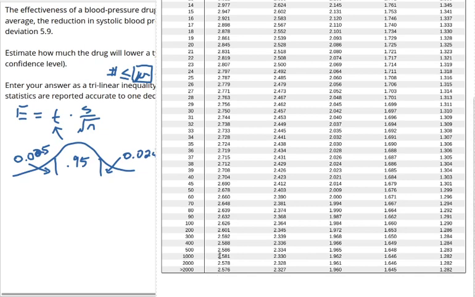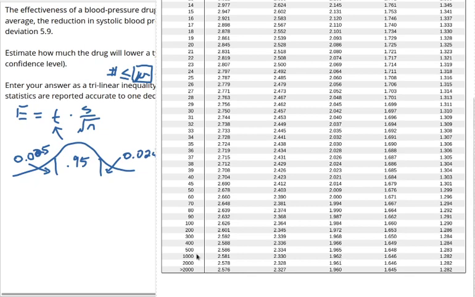However, on our table, notice that we skip from 1,000 degrees of freedom to 2,000. The reason for that is that as you go up in degrees of freedom, these critical values don't change much. So for example, in the 1,000 row, our critical value would be 1.962. The next one up in the 2,000 row is 1.961. We're somewhere in between there.